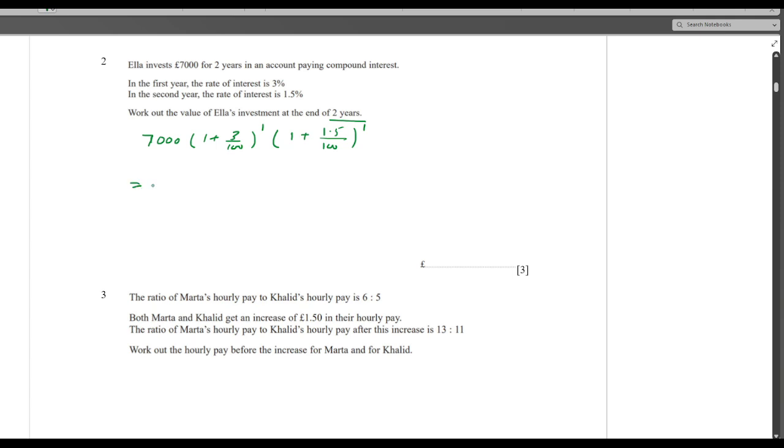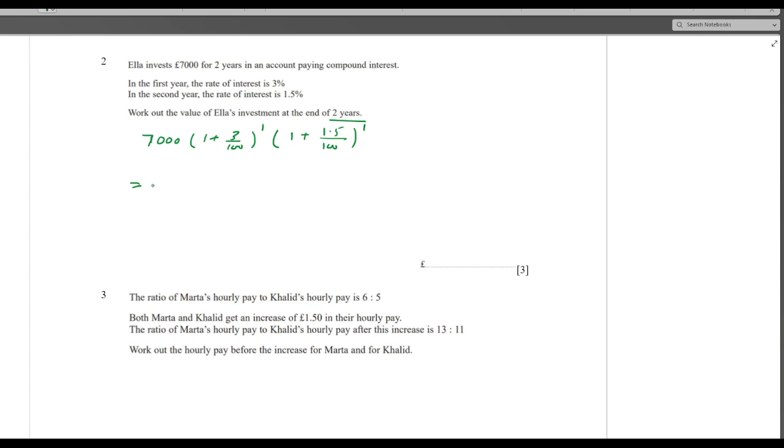So the amount at the end of the second year will be, I will multiply this whole thing by 1 plus 1.5 divided by 100, power 1 again. So this will give me 7,000 into 1.03, since 1 plus 3 divided by 100 is 1.03, times 1.015, since 1 plus 1.5 divided by 100 is 1.015.